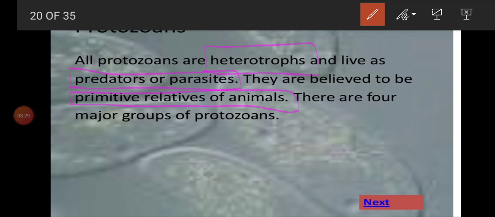Coming to Protozoan, all protozoans have animal-like structures only, because they don't have any cell wall, only a cell membrane. So we can call it animal-like. This is the link between the other organisms. So we can call Protozoans single-celled eukaryotic animals only.